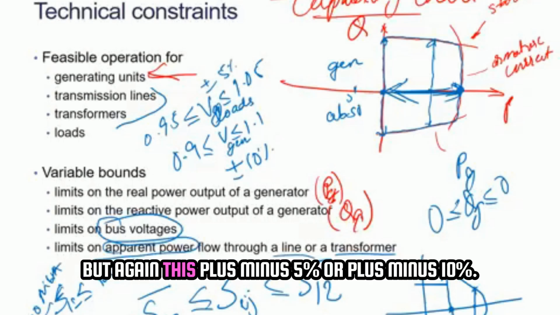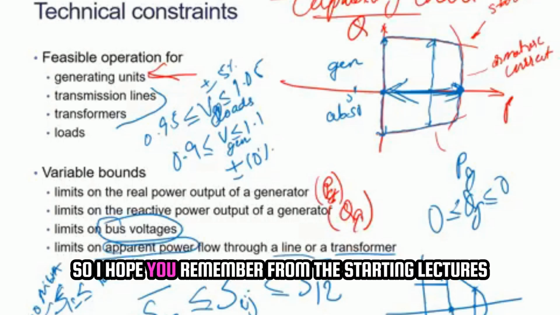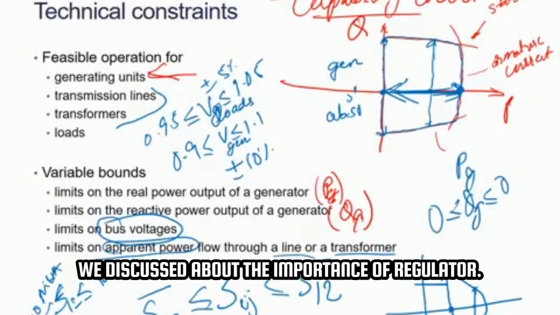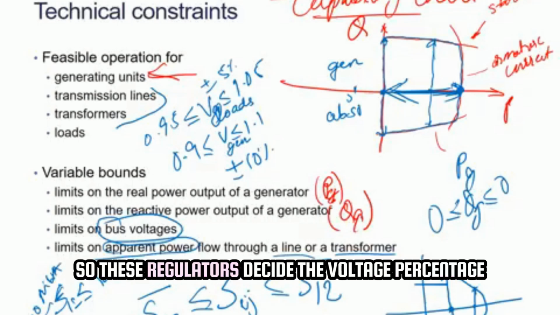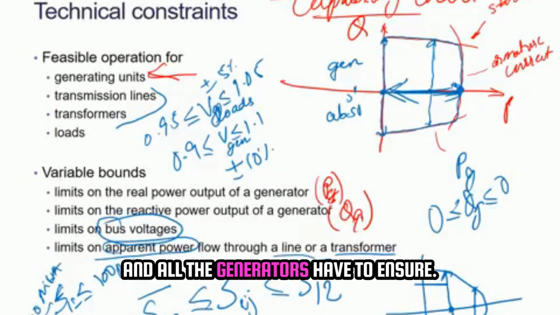But again, this plus minus 5% or plus minus 10% is the logic of the regulator. I hope you remember from the starting lectures, we discussed the importance of the regulator. These regulators decide the voltage percentage margin that every system operator and all the generators have to ensure.